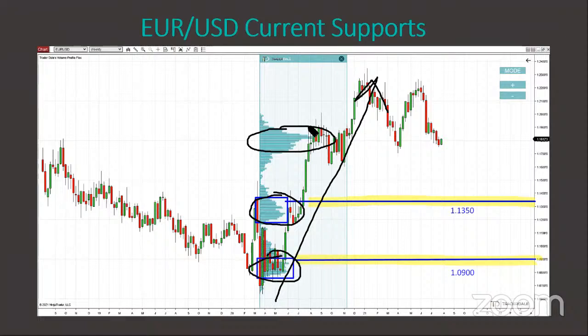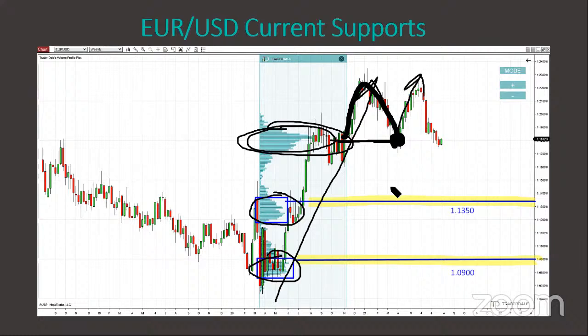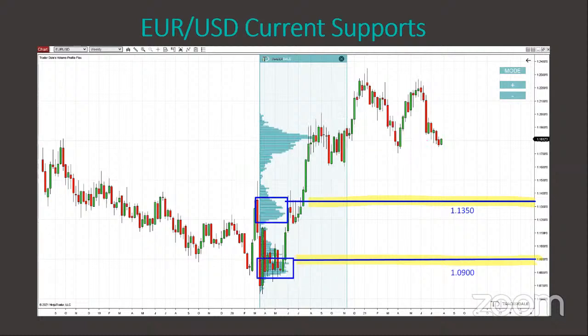Now, regarding the first one, the price has already made a pullback to it and a reaction. So this support is spent. No point in trading it again. However, the 2 lower ones are still there, still intact, still not tested.